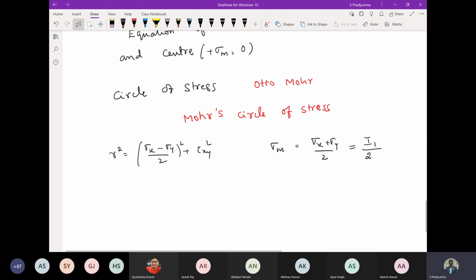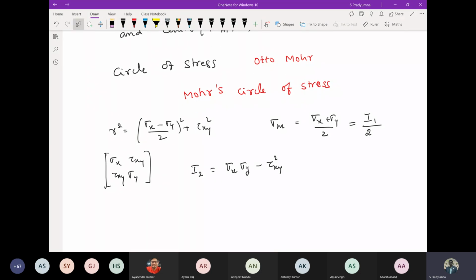Now let us see what will happen to the radius also, right? So now we have, let's say, sigma x, sigma y, tau xy. So this is the state of stress at a point. Now second invariant I2 for this will be equal to sigma x into sigma y minus tau xy square. So this is the second invariant.